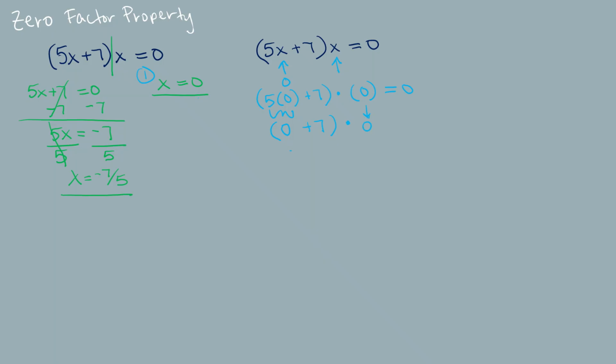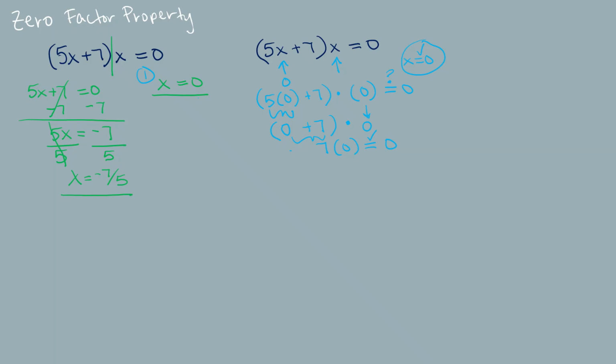So we get 7 when we add these two together, times 0, so 7 times 0 equals 0. So this checks out, that once we've plugged in x for x equals 0, we end up back with this full equation equals 0. So that is a possible solution.